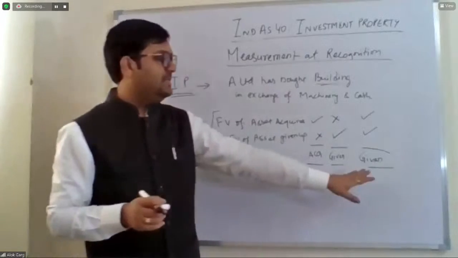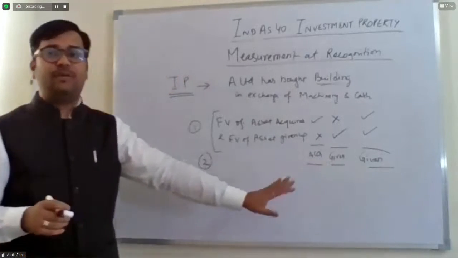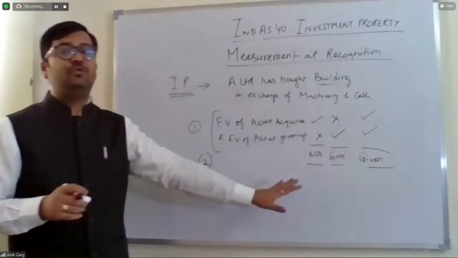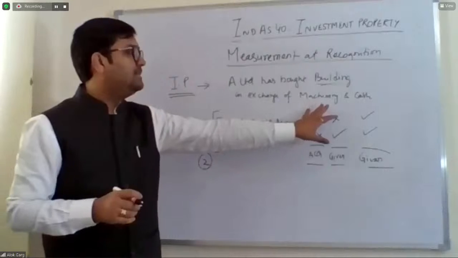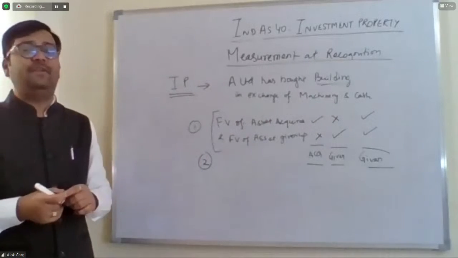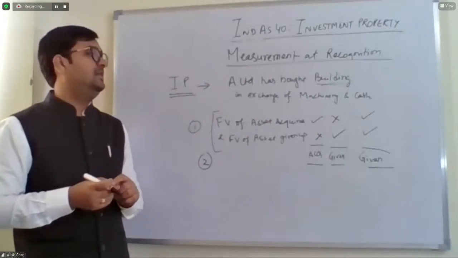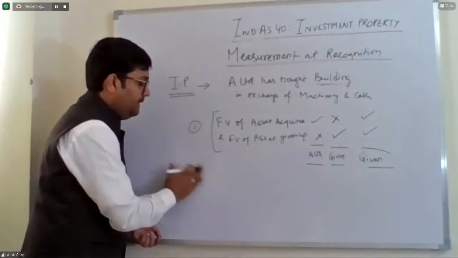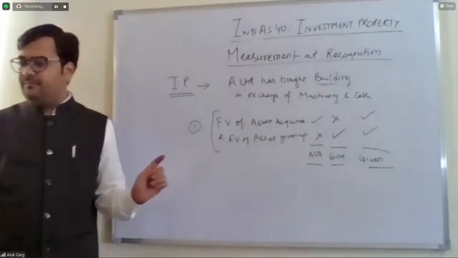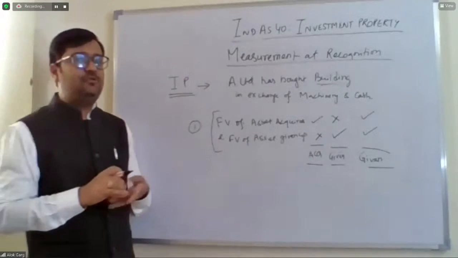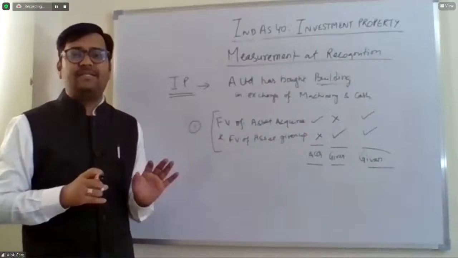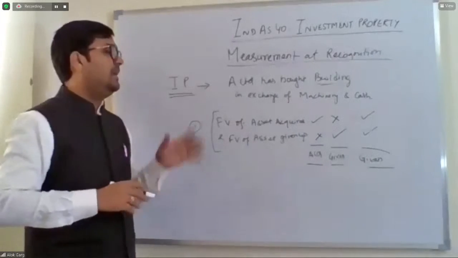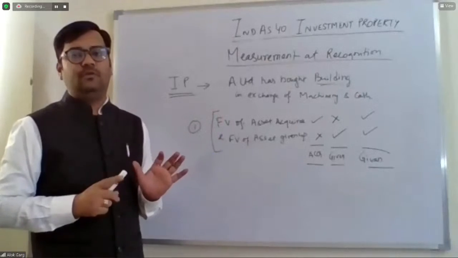So the fair value of the asset given up is the most appropriate value to be accounted for in recognizing the item acquired by the company. I request everyone to please note down this concept. The standard says that in case of exchange of asset, the transaction is recorded at fair value.